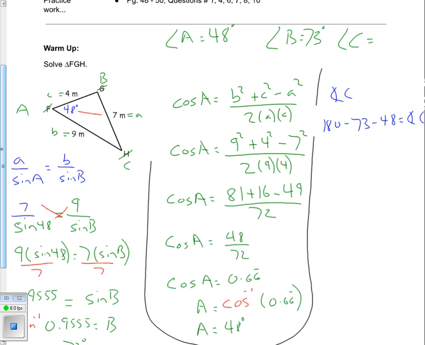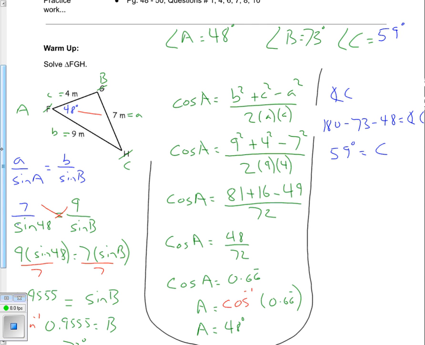So if I take 180 and I subtract 73 and I subtract 48, then I'm left with 59 degrees. So angle C is equal to 59 degrees.